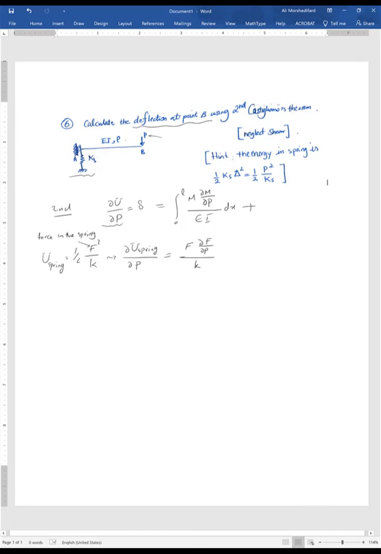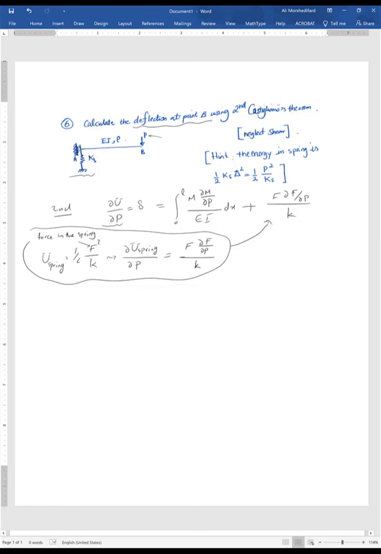So using this side note, you can write F partial F over partial P over K, right?